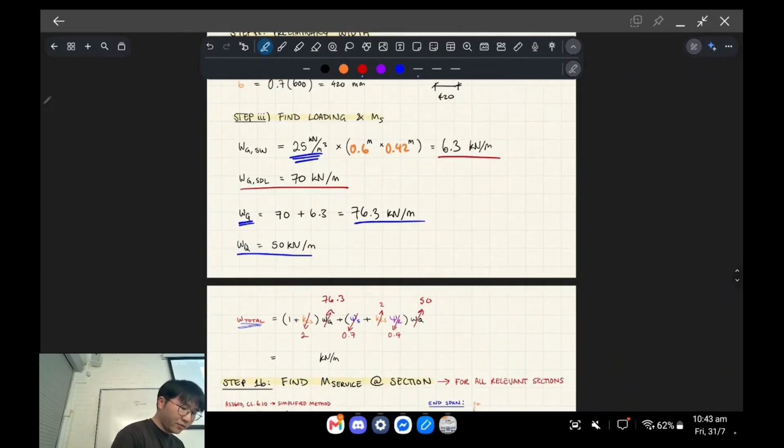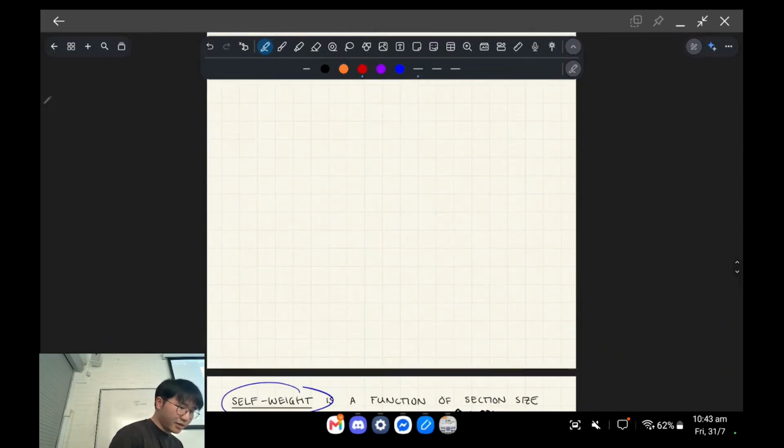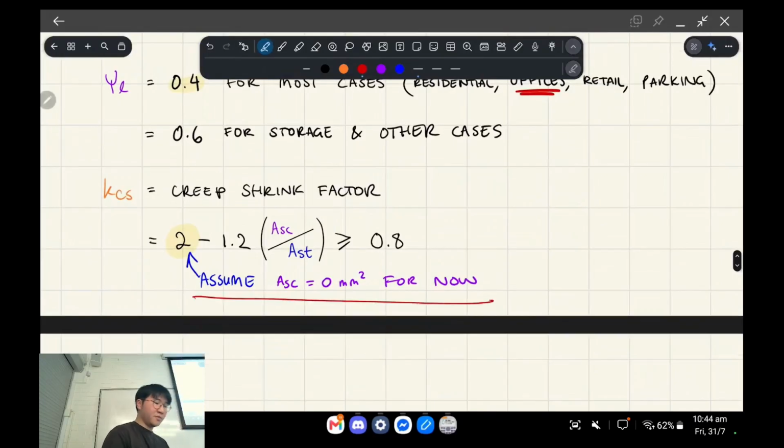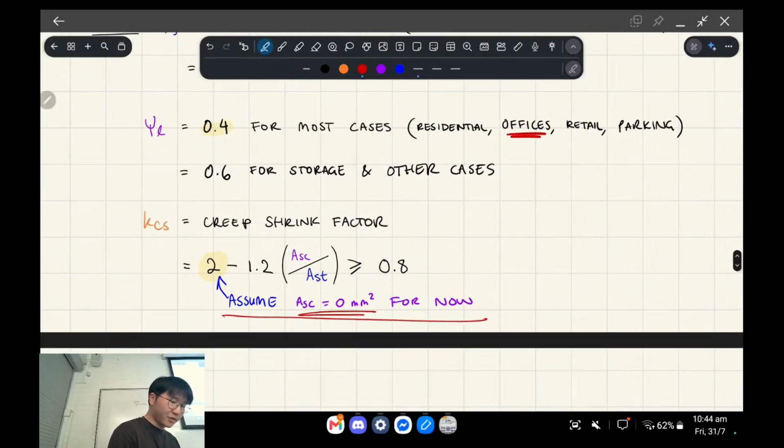But KCS, I kind of skipped this. What we do is assume we have no compressive steel when we're doing the trial deflection-based beam design. As soon as we add any compressive steel, it's going to make the deflection better.